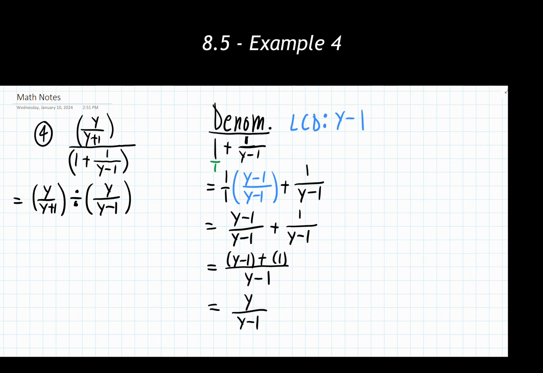Solving the division problem, we change the sign from division to multiplication and flip the fraction that comes directly after the division sign. The first part stays the same. So I'm getting y over y plus 1 times y minus 1 over y.